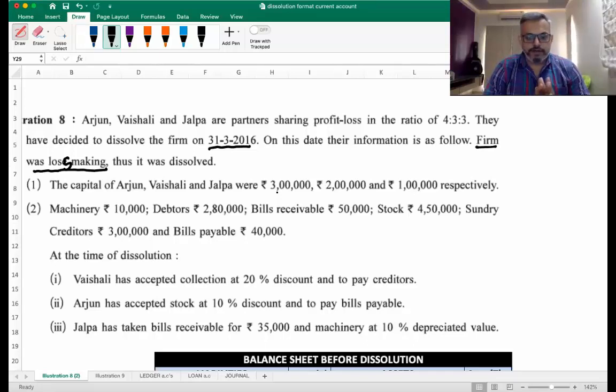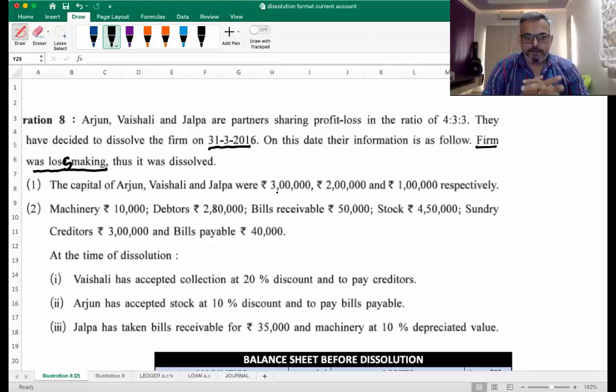Machinery 10,000, debtors 2,80,000, bills receivable 50,000, stock 4,50,000, sundry creditors 3 lakh, bills payable 40,000. Now, this information given is on the date of dissolution, that is as on 31st March 2016. Capital is given, value of assets is given, value of liabilities is given.